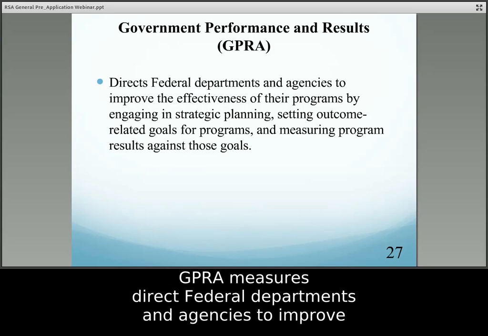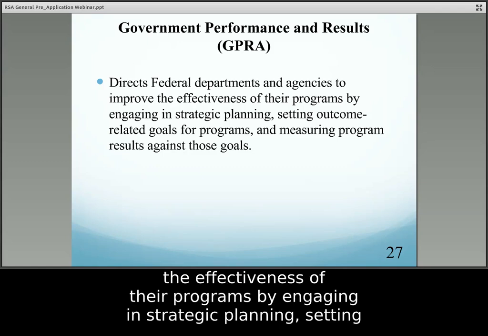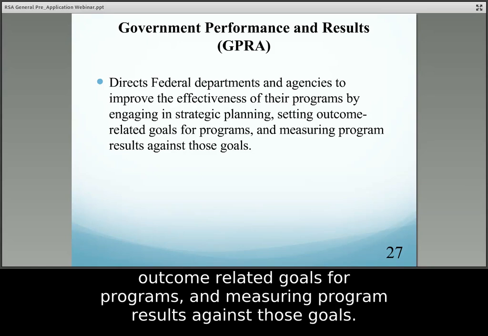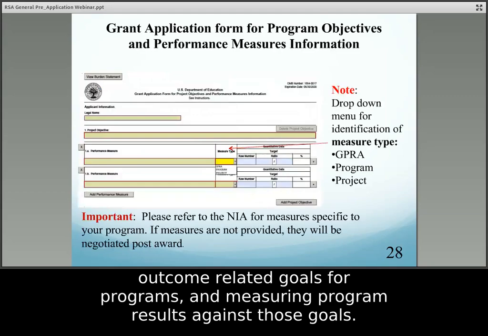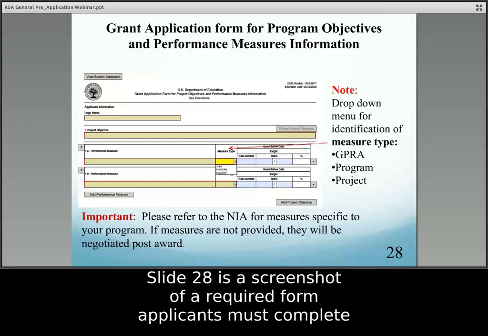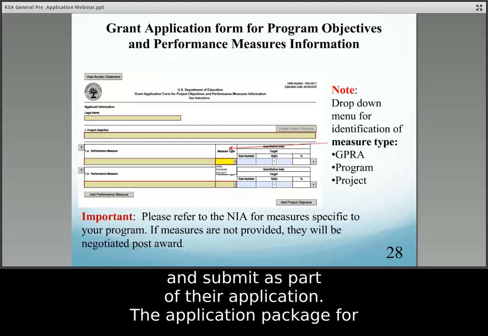GPRA measures direct federal departments and agencies to improve the effectiveness of their programs by engaging in strategic planning, setting outcome-related goals for programs, and measuring program results against those goals. Slide 28 is a screenshot of a required form applicants must complete and submit as part of their application.